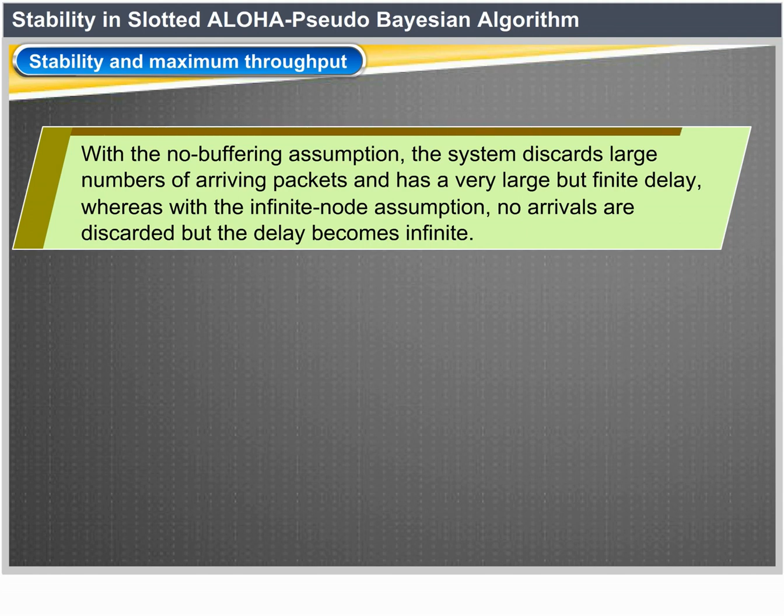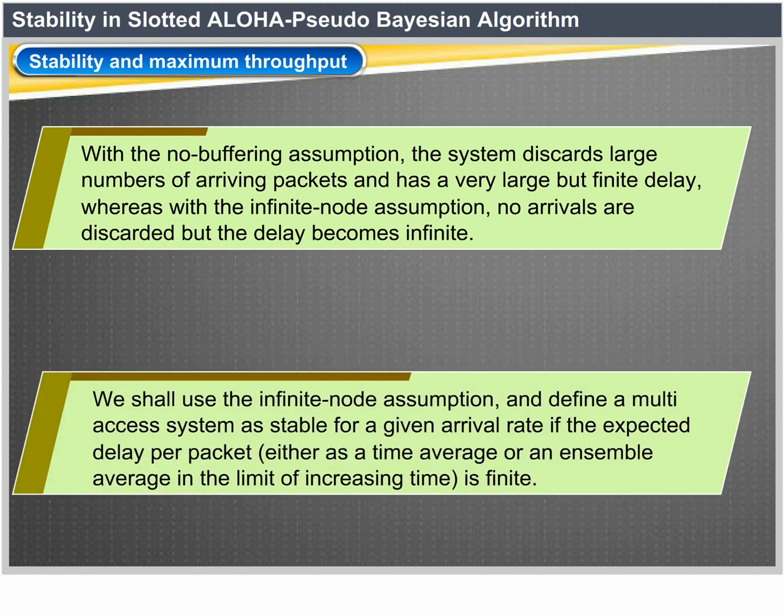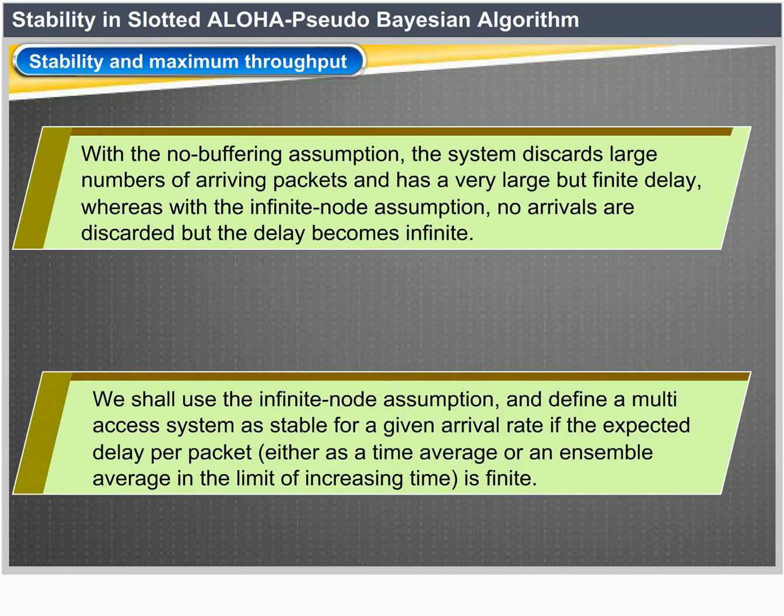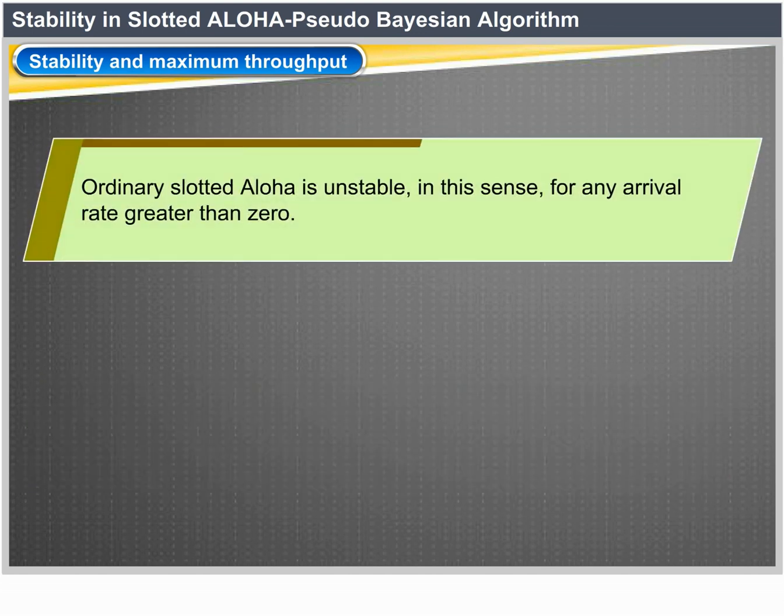We shall use the infinite node assumption and define a multi-access system as stable for a given arrival rate if the expected delay per packet, either as a time average or an ensemble average in the limit of increasing time, is finite. Ordinary slotted Aloha is unstable in this sense for any arrival rate greater than 0.